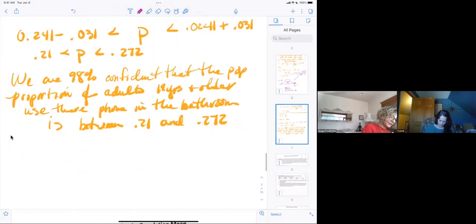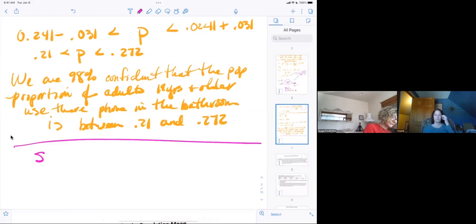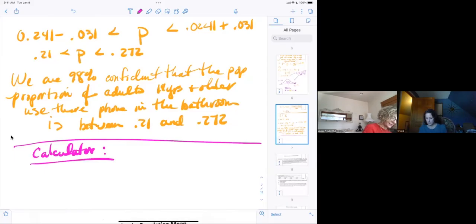So I said I wasn't going to go through the StatCrunch. On the calculator, I will just mention in case you wanted to know, because your calculator is really convenient to use as well. On the calculator, you press your Stat button, and then you arrow over to the right to Tests.